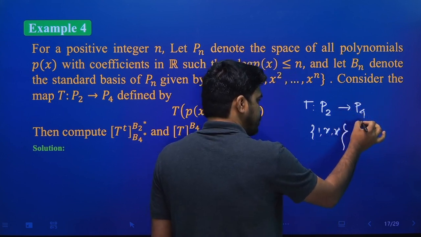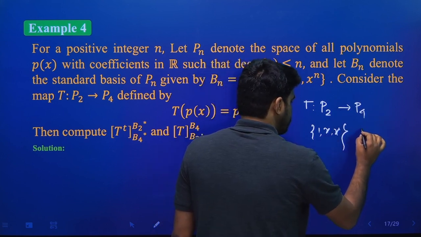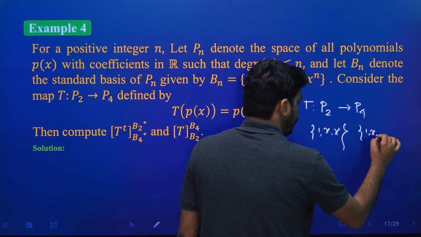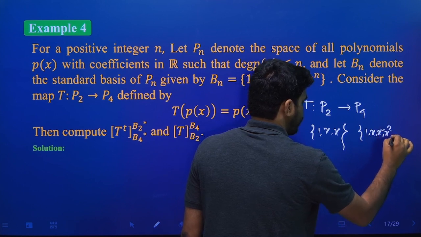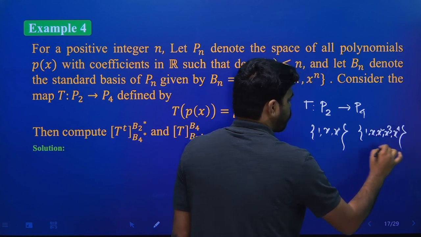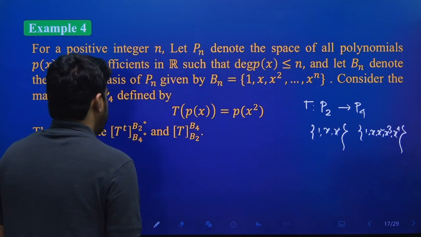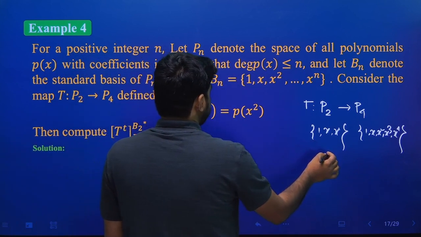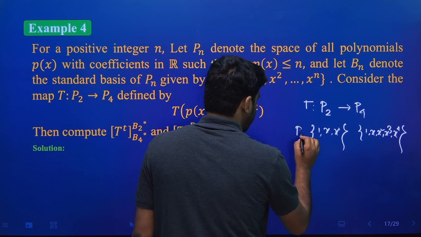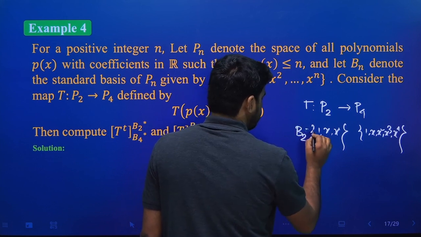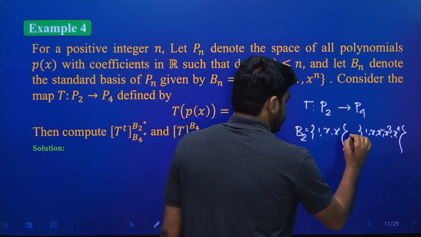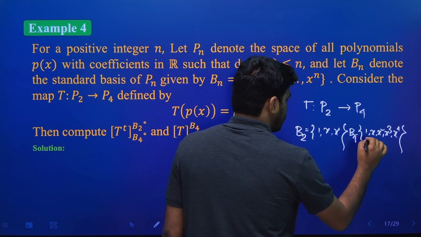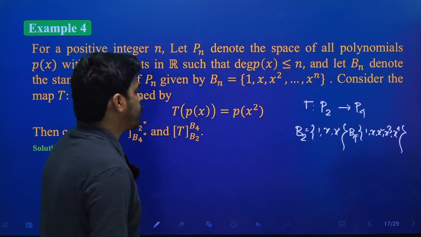What is the standard basis for P4? 1, x, x square, x cube, x to the power 4, right? Suppose this is B2, the standard basis for P2, and this is B4, the standard basis for P4.